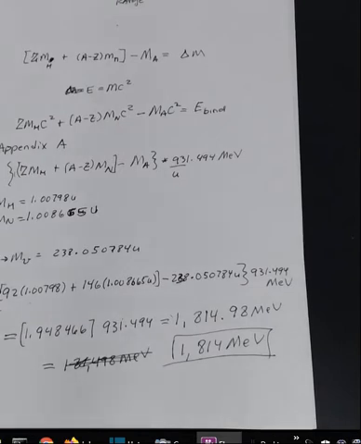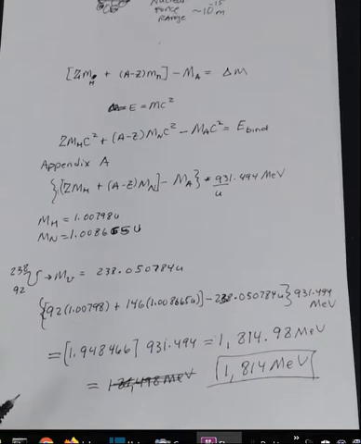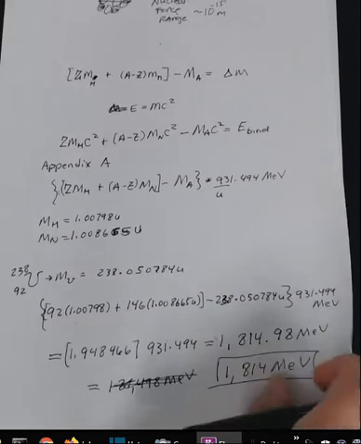Uranium is a much bigger nucleus, so it's going to have more binding energy to hold it together. But that doesn't mean it's more stable than iron. Matter of fact, iron is the most stable element. And why is that? Bigger nuclei are going to have bigger binding energies, since you're holding more together. But what stability depends on is the binding energy per nucleon.